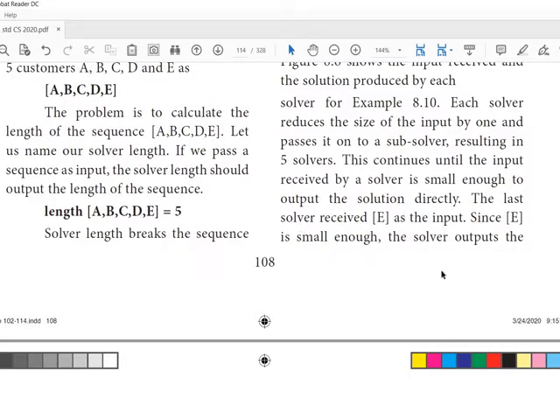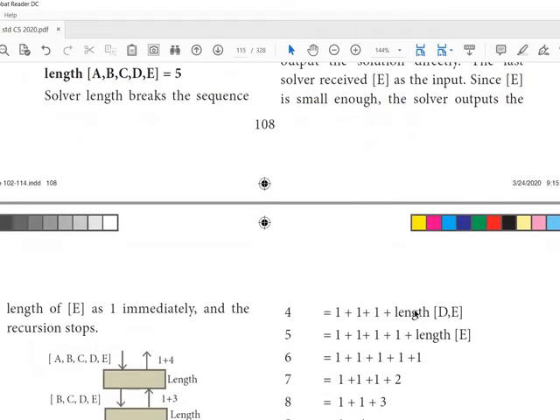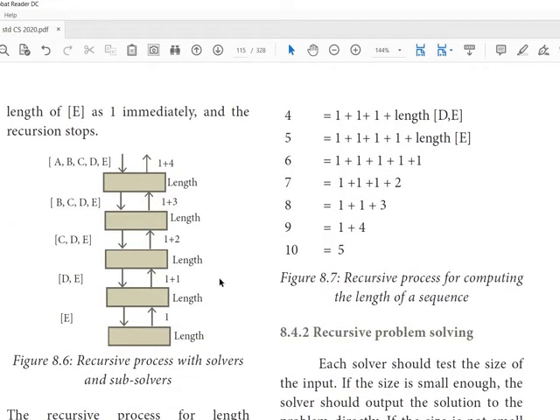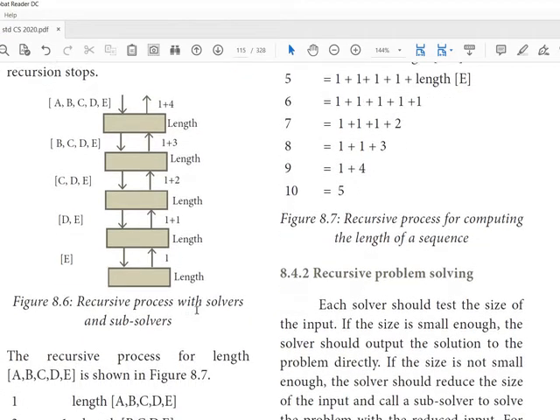Since E is small enough, the solver outputs the length of E immediately as 1. So this is the explanation. He is saying 1, and he is saying 1 plus 1. He is saying 2 plus 1. Here he is saying 3 plus 1, and here he says 4 plus 1.